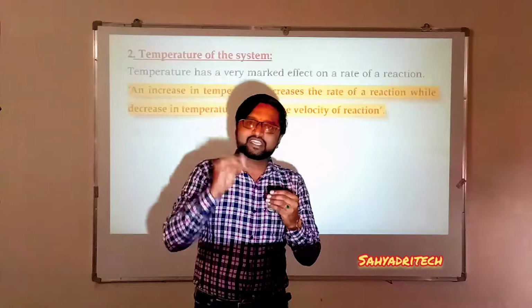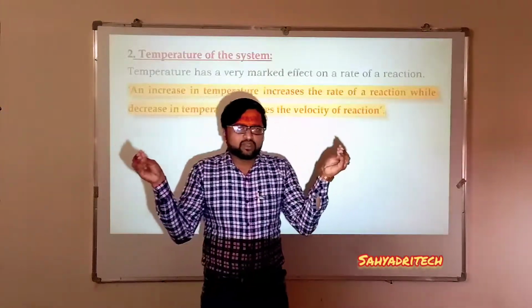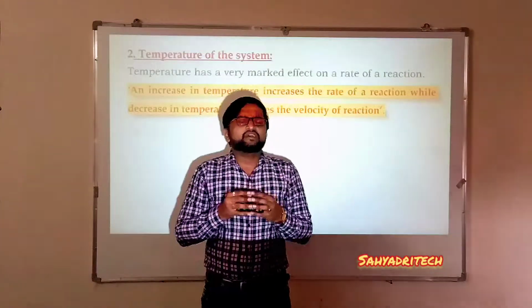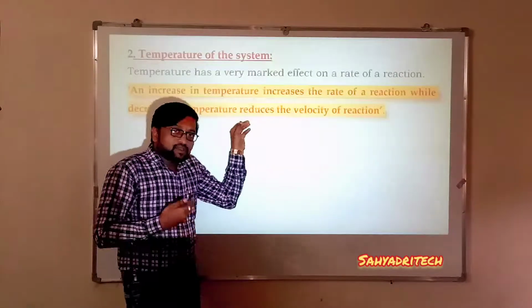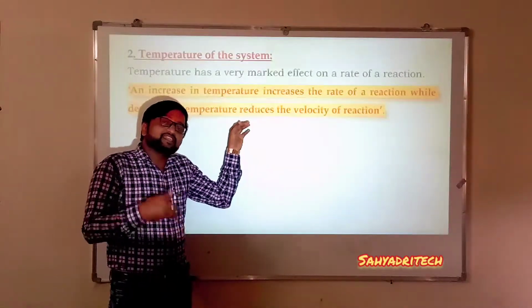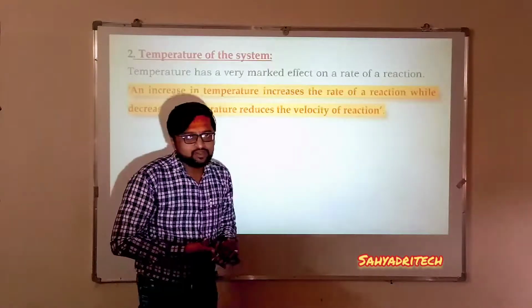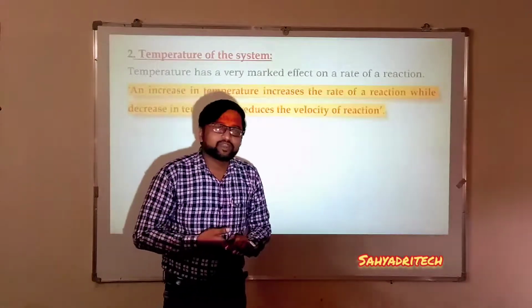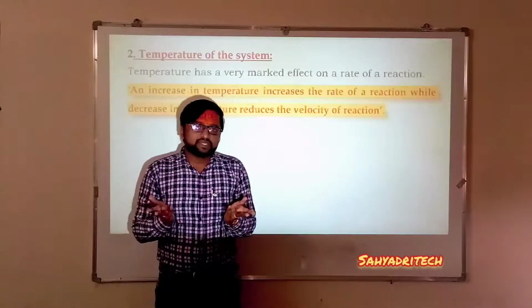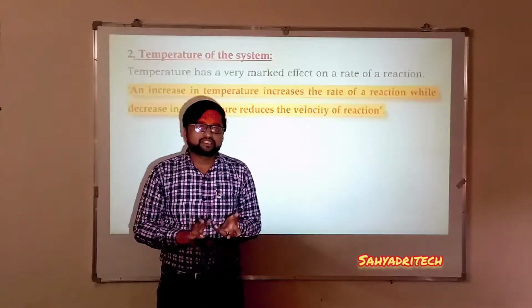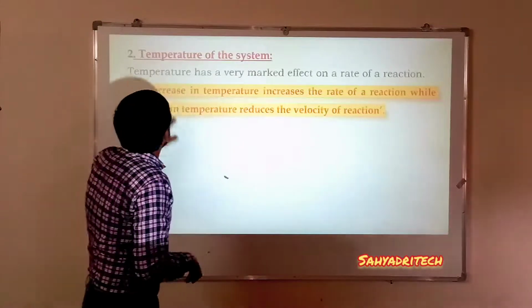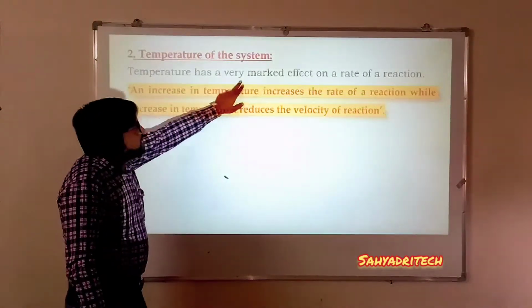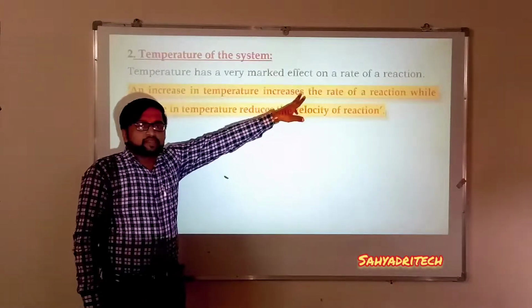due to the increase in kinetic energy, reactant molecules collide with high speed. Therefore, the number of effective collisions increases. In turn, the rate of a reaction also increases. Therefore, we can see here the relation between the rate of a reaction and temperature is again directly proportional. So temperature has a very marked effect on the rate of a reaction.